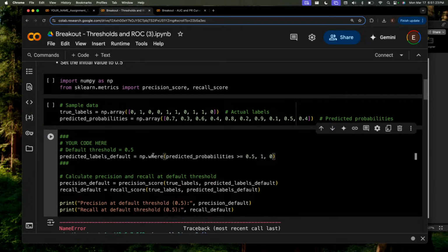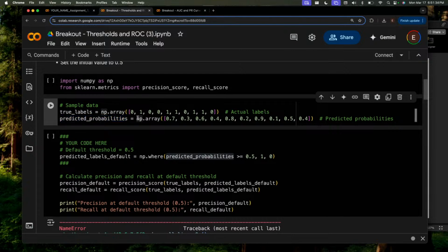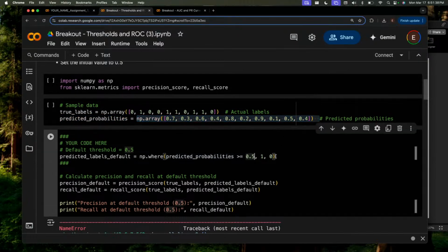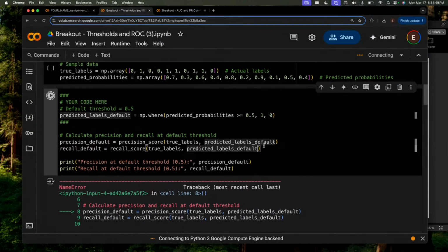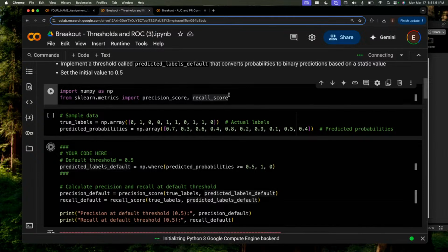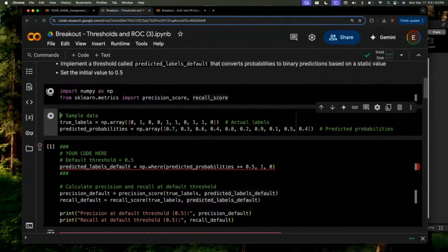This should work, I think, with NumPy. We can do np.where. We're going to take in predicted probabilities, which is a NumPy array of probabilities here. And we're going to say if it's greater than or equal to 0.5, then it's 1. Otherwise, it's 0. I have to actually import everything here first.